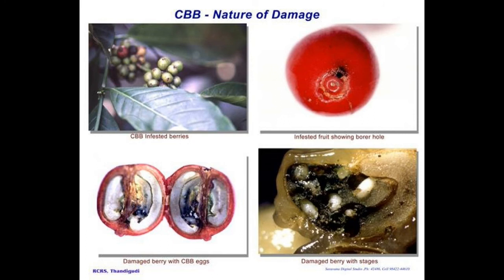Pupation takes place inside the berries, and the adult is a small blackish beetle with a subcylindrical body covered with thin hairs, as you see in the picture. The symptoms are irregular bore holes on berries, dropping of tender berries, presence of small round holes in the navel region of developed berries, and damage of endosperm by making small galleries.